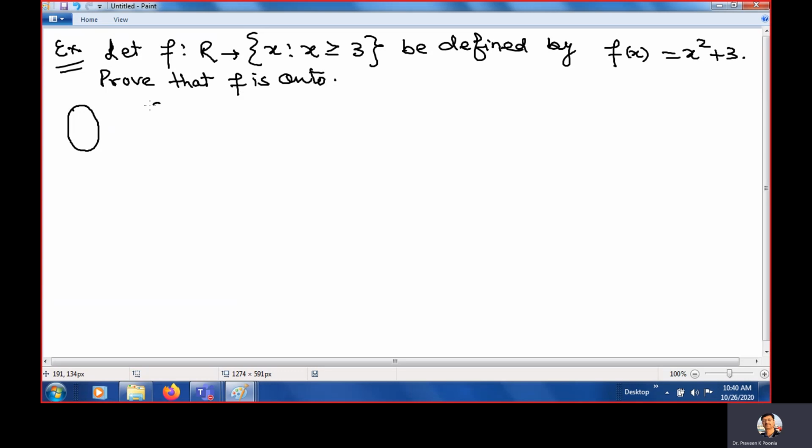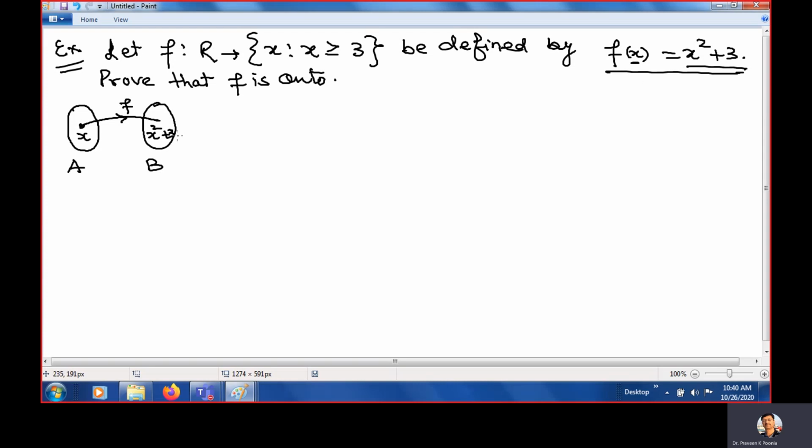This is the first diagram. This is set A. Here is x, and this x under f is defined by x square plus 3. For x, the answer is x square plus 3.